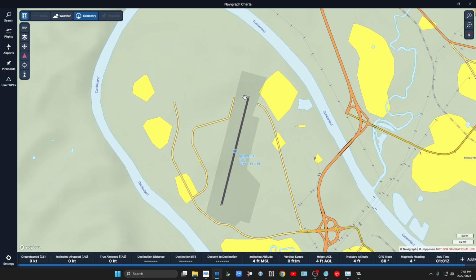And then you have 20, which is runway 20. So you have runway 2 and runway 20. Now you can say 02 if you're talking on the radio, but most pilots will drop the 0 and they'll just say 2.